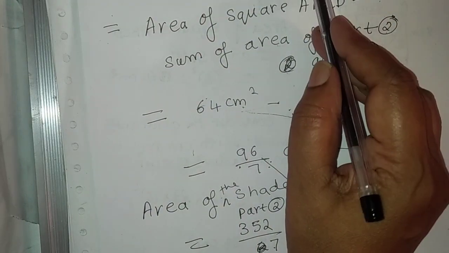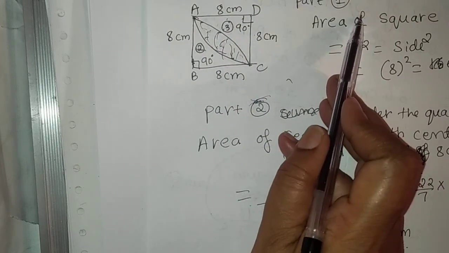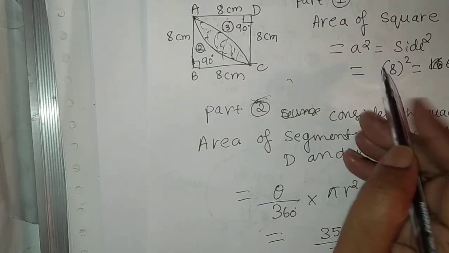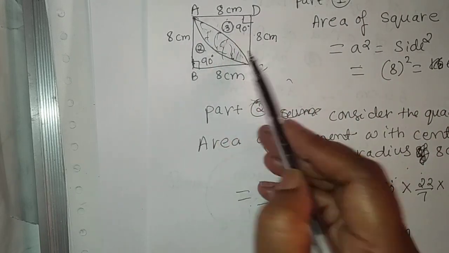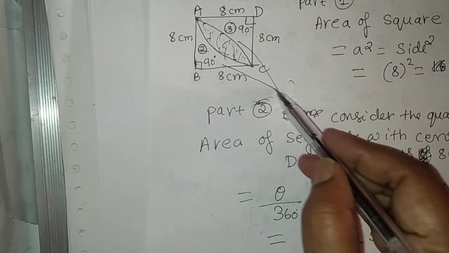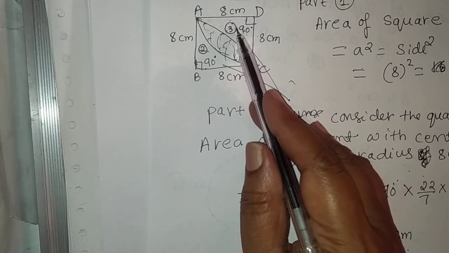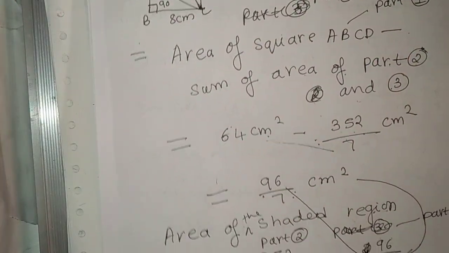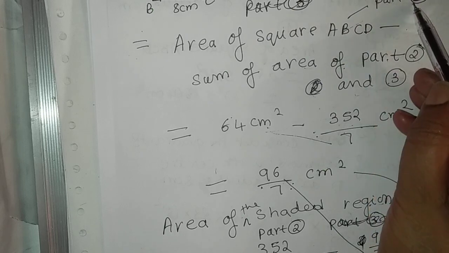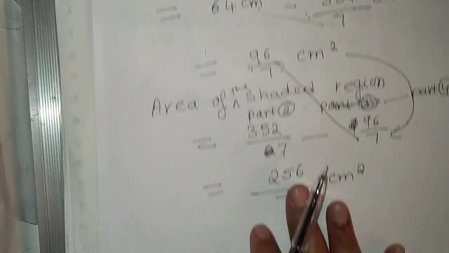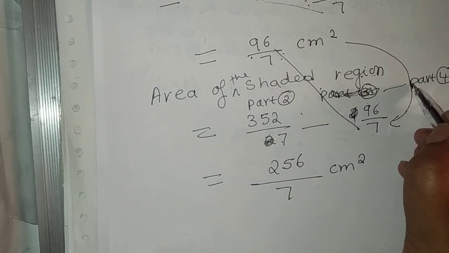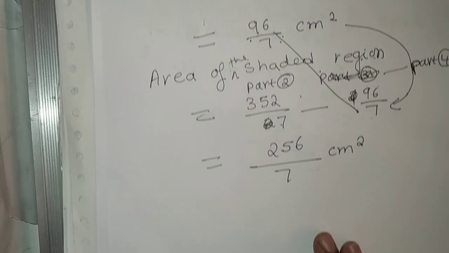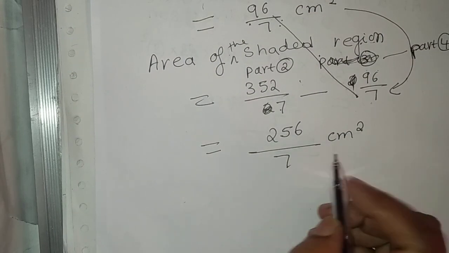I just wrote this one as part 3 because in the figure I have written it as 2 and 3. This we gave part 1. Simply for calculation I am dividing these into parts. Part 2 is the combining of 2 and 3. After this we'll take it as 4. Substitute the values. Finally, the area of the shaded region is part 2 minus part 4. So now the confusion is clear. Substituting the values, we get 256 by 7 centimeters square.